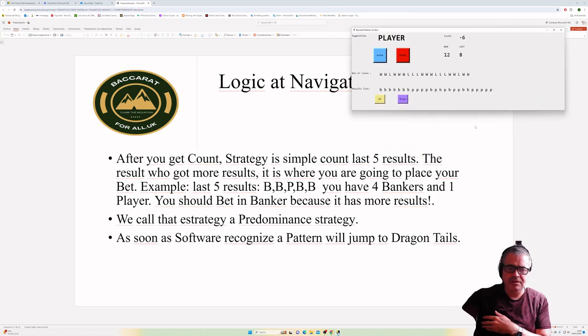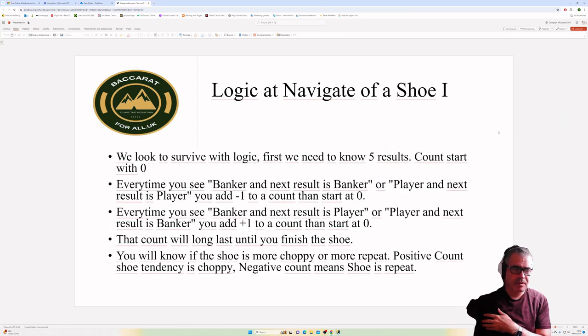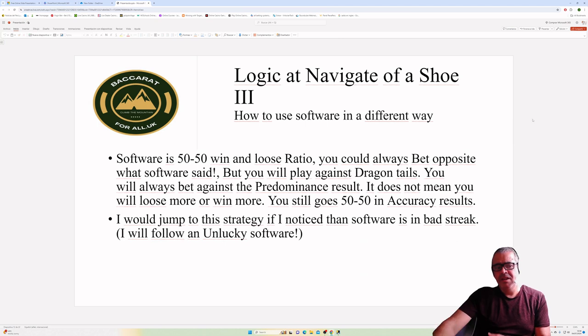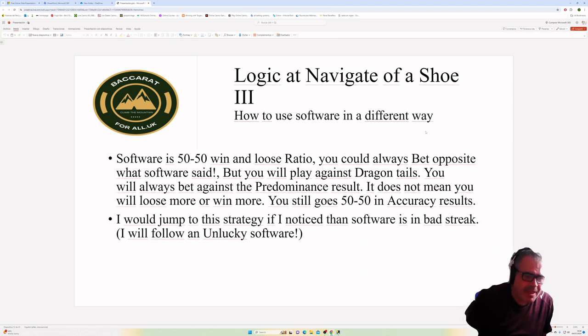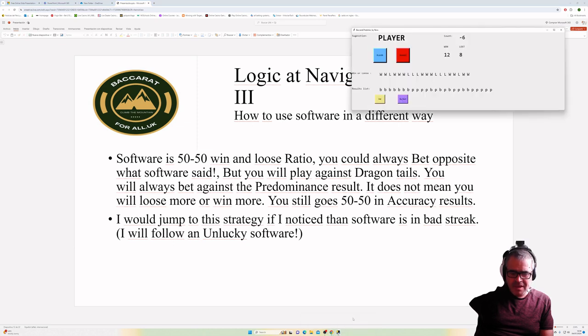Okay, let's go to the next point that I already touched on. I already explained a little bit, and I give you advance, how to use the software in a different way. This part is intuitive.